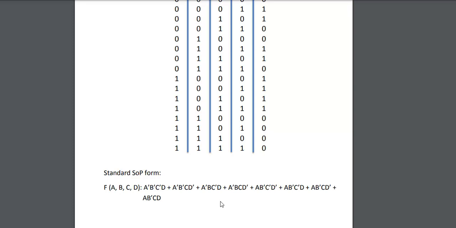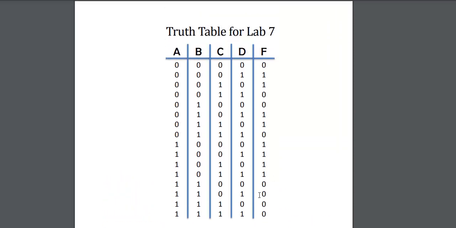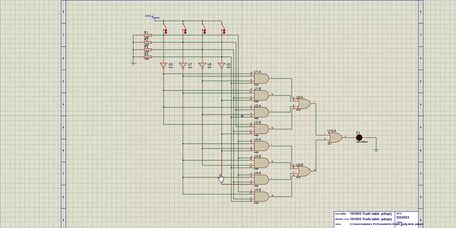Now for the implementation of this form, I will show you the circuit which I have made to verify this truth table as well. This is the circuit, and the inputs are A, B, C and D. These are their nodes, and these are the resistors to remove the gray voltages, and this LED will indicate whether we have a high or low logic at the output.